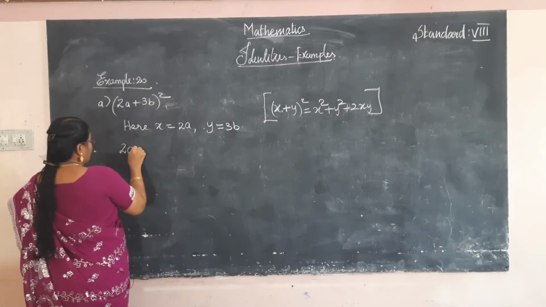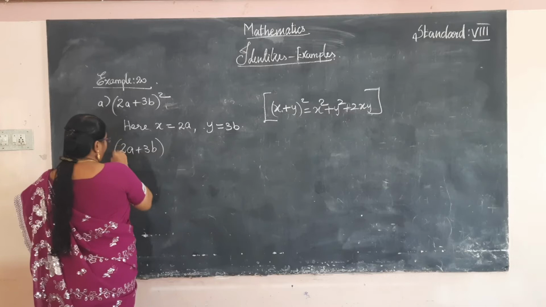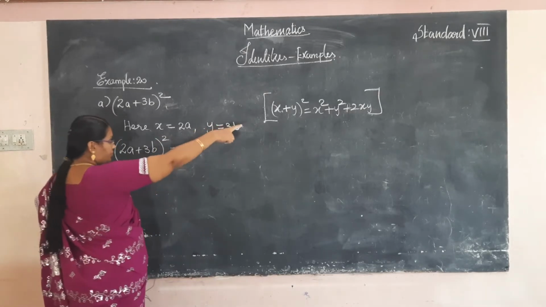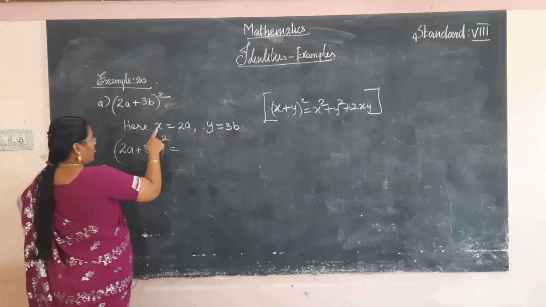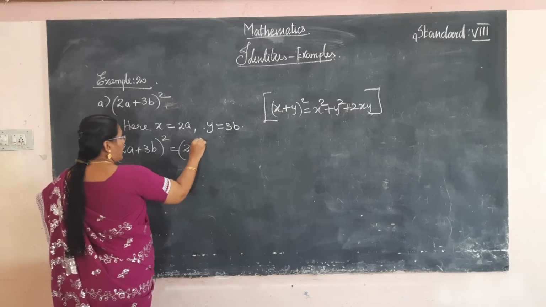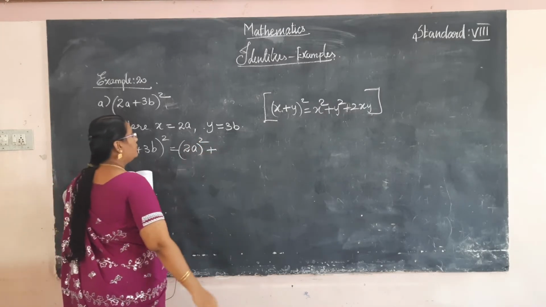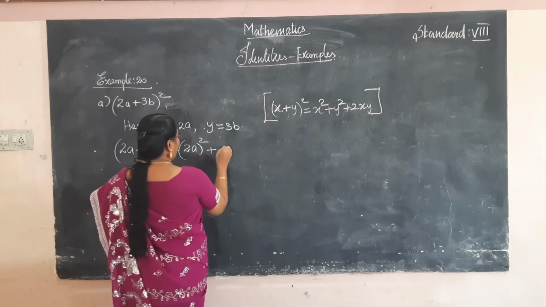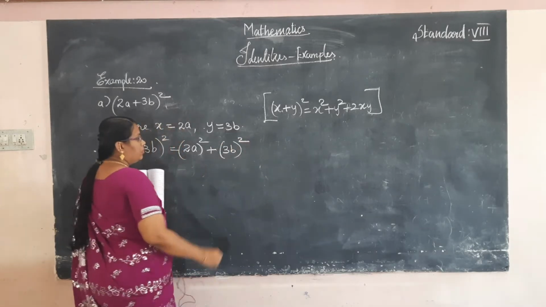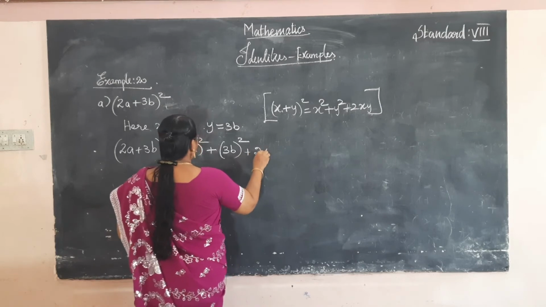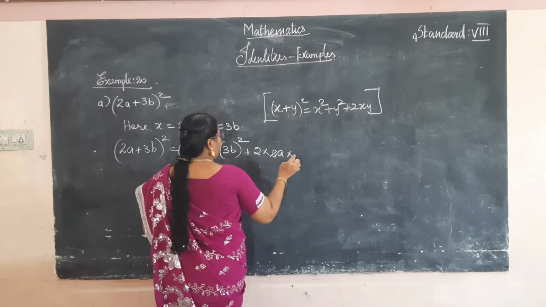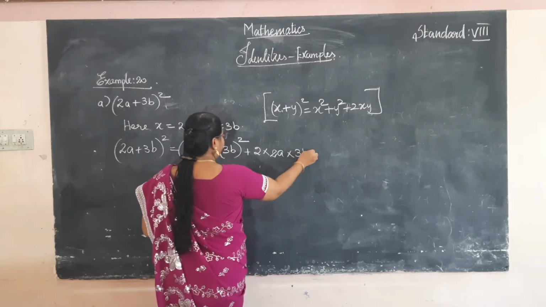2A plus 3B the whole square is equal to, what is the expanded form? X squared, so X squared means 2A the whole squared, plus Y squared, that is 3B the whole square, plus 2 into X value 2A into Y value 3B.